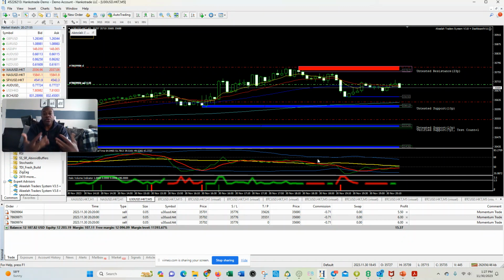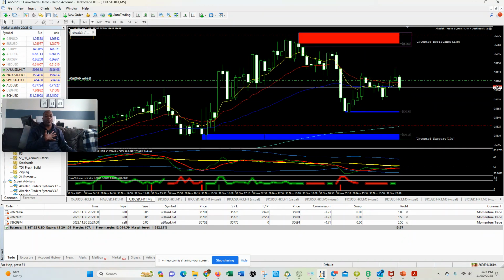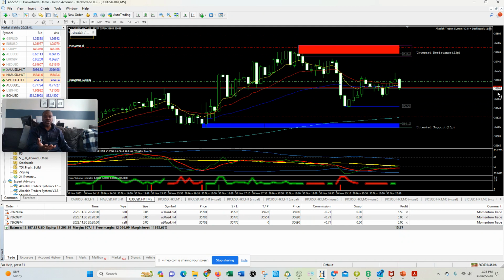So when you're using our system, I have these all as visual cues on my screen, but if you're one of the users of our systems, you don't have to have these tools. The system uses these anyway. They're all built in. They're all encoded into the AI system. And so whether your screen looks like this or whether it looks just completely blank and there's nothing on there, it's still going to take these trades. It still sees the opportunity to enter and the opportunity to exit those trades. Okay, so that particular one there is doing well.